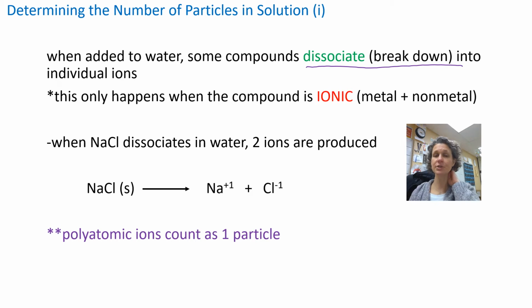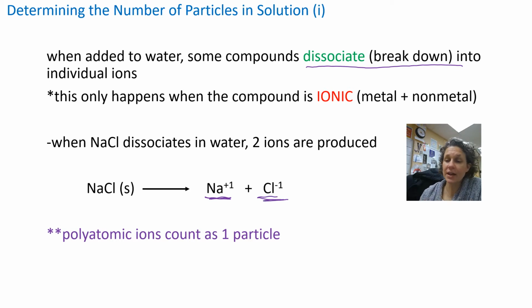This only happens if you're dealing with an ionic compound, so a metal and a nonmetal, something from the left side of the periodic table and something from the right side. For example, salt, NaCl, sodium chloride, dissociates in water and produces two ions, a positive sodium ion and a negative chloride ion.